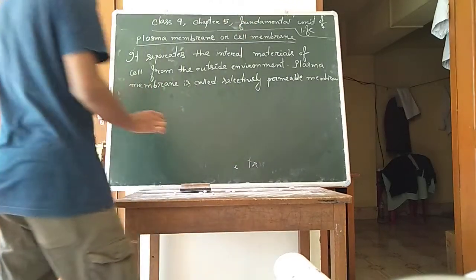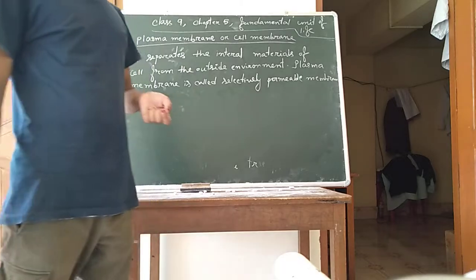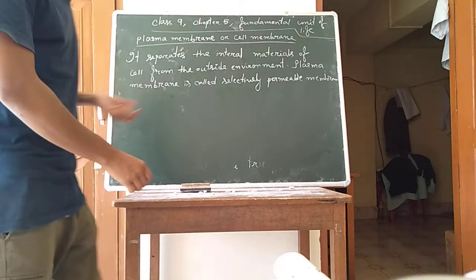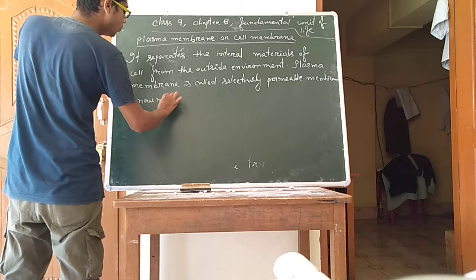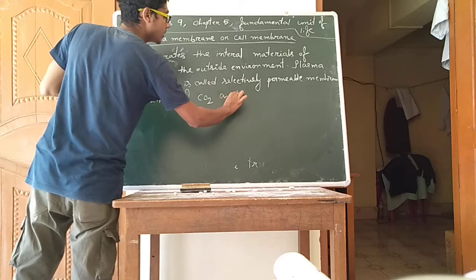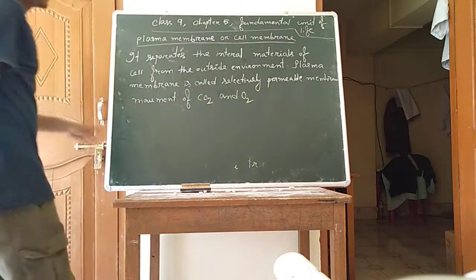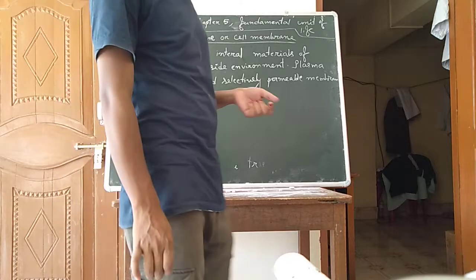And the next one, the transport of carbon dioxide and oxygen. How does this movement take place?